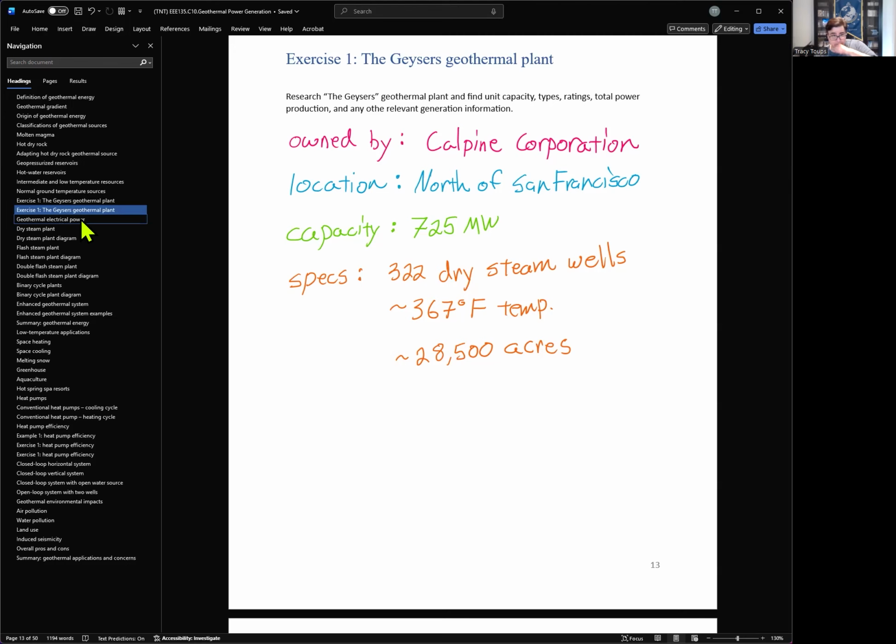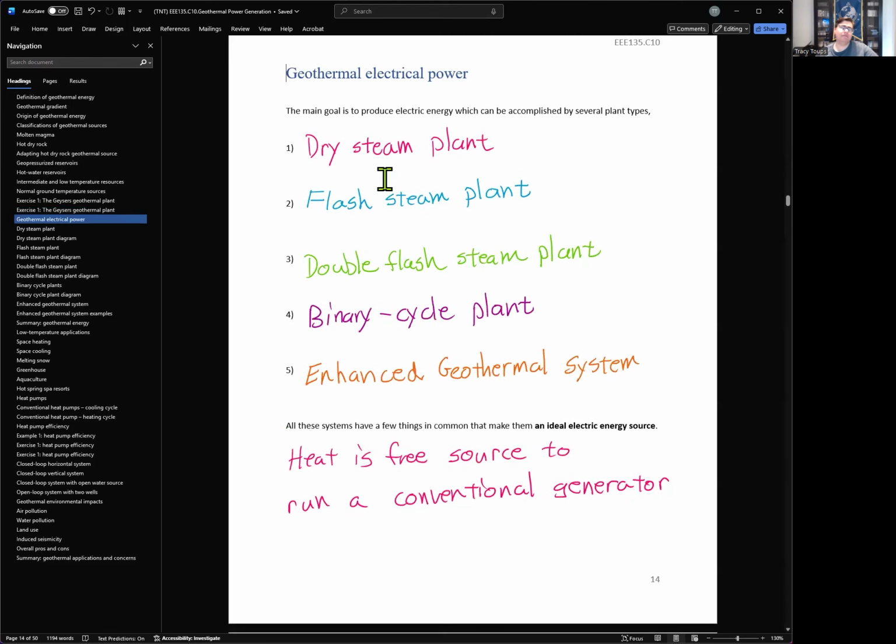All right. So we talked about the sources underground. Let's start talking about what's on top: the actual generation plant and the systems used to convert geothermal heat to actual electricity.